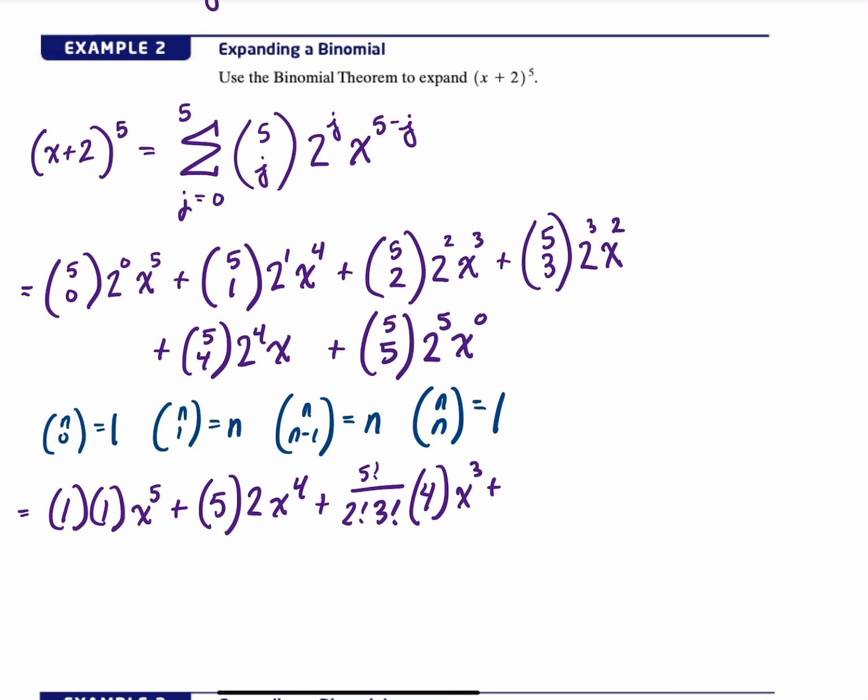Our next term, 5 choose 3, that will be 5 factorial over 3 factorial times 5 minus 3 factorial, so that will be 2 factorial, times 2 cubed, which is 8, times x squared.